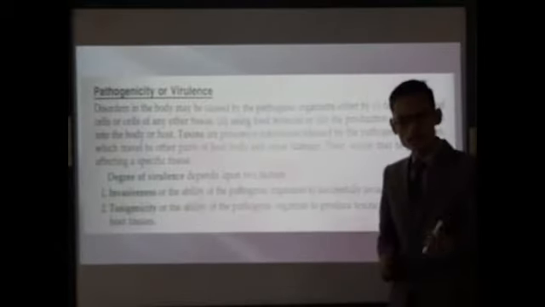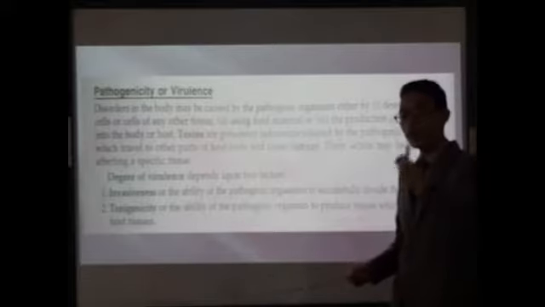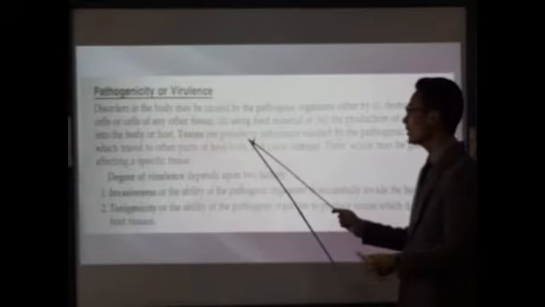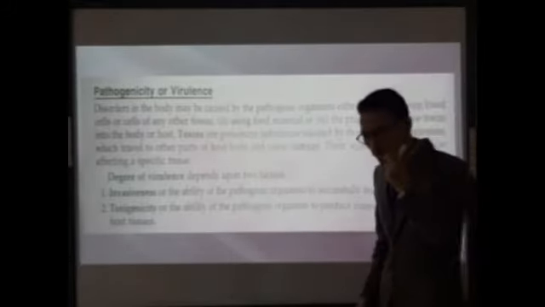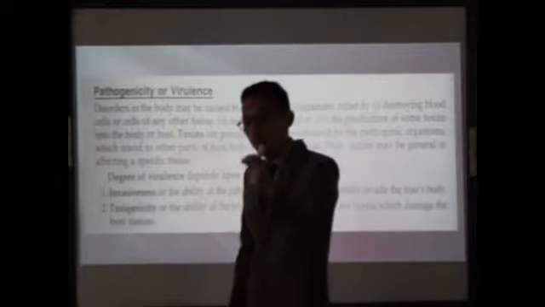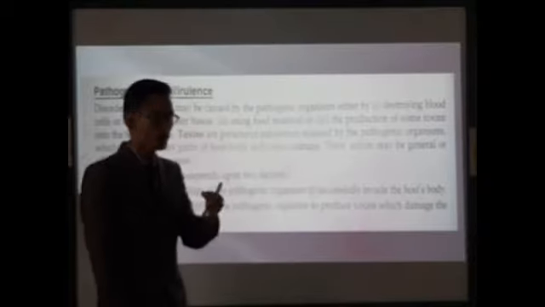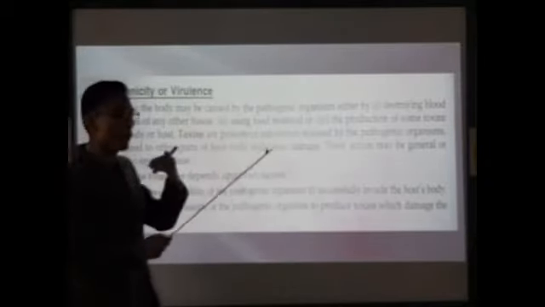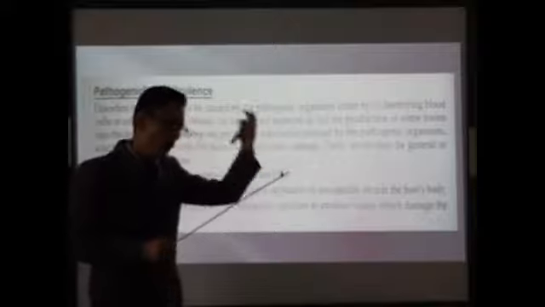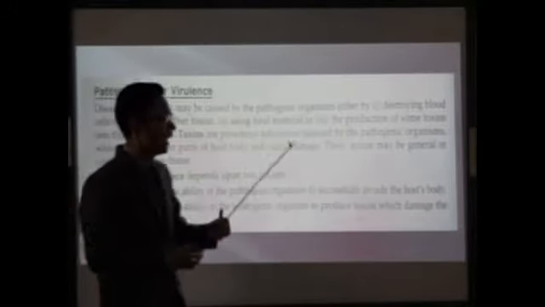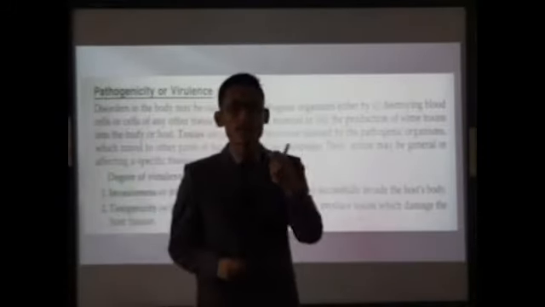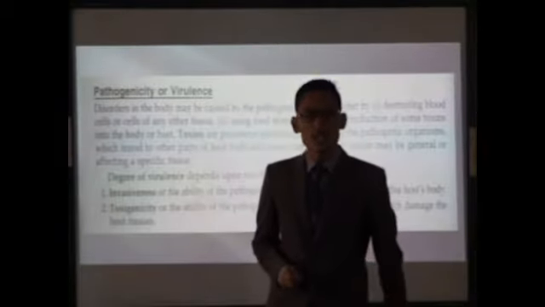So what are toxins? They are harmful chemical substances, or poisonous substances, released by the pathogen once they enter our body, and those toxins travel from one part of the body to another and damage the cells of the tissue.